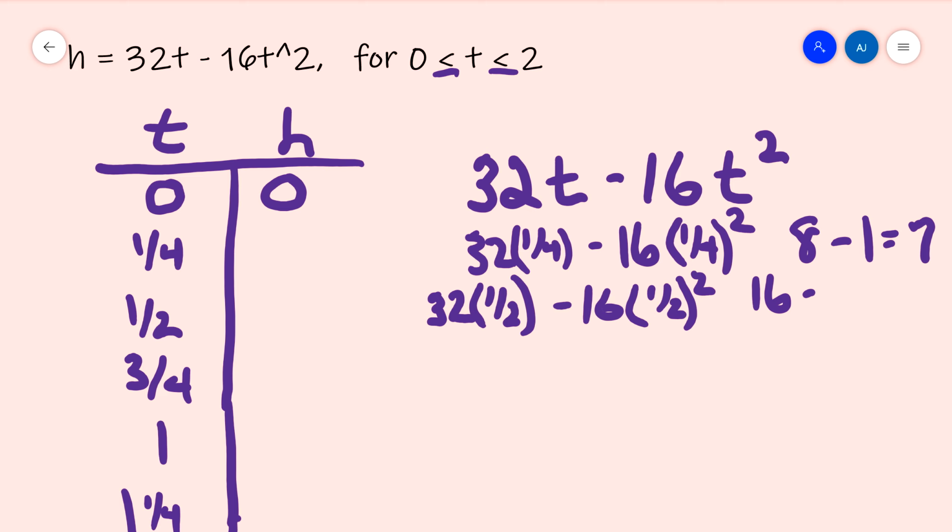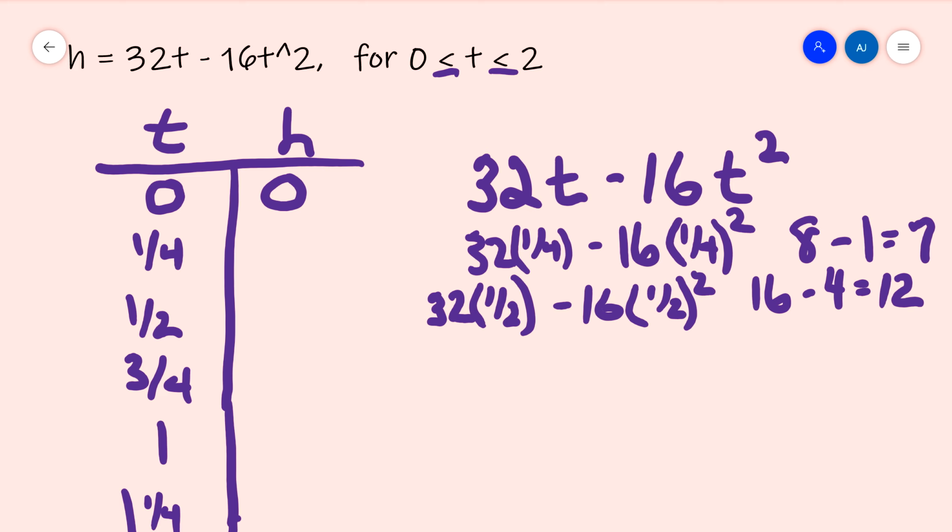Notice our order of operations says to do parentheses and exponents first, and then multiply by negative 16. So this is going to be 1/4 times 16, which is minus 4. 16 minus 4 equals 12.